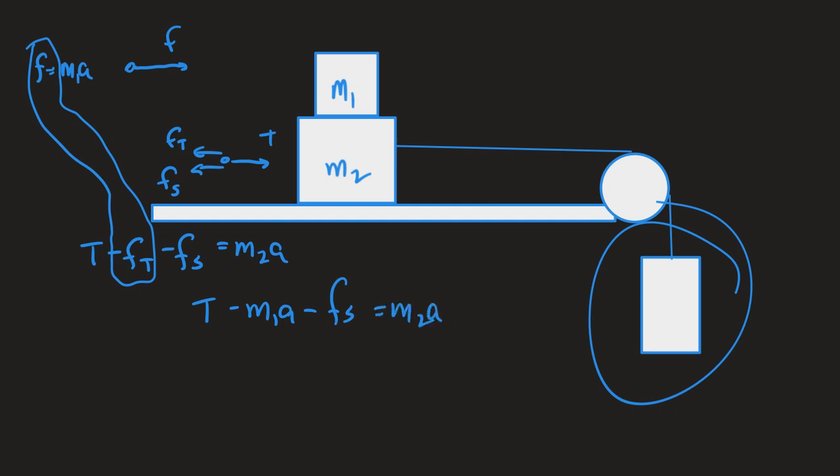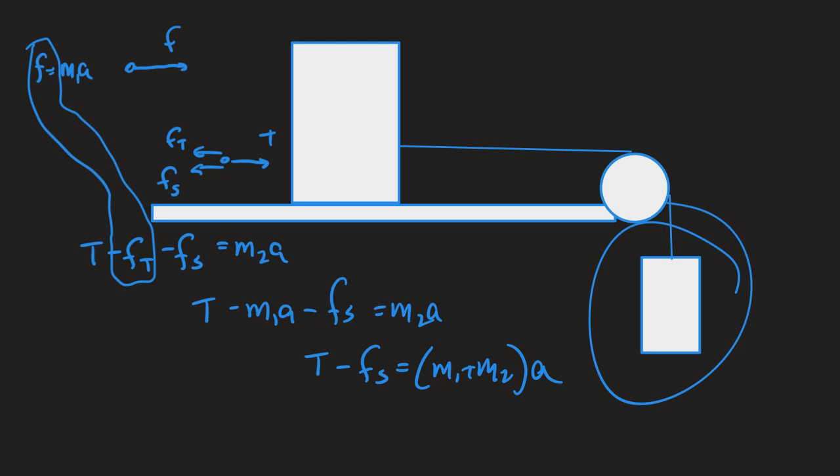That frictional force is an internal force. It cancels out, and I'm going to be left with tension minus friction from the surface equals the combined mass of both boxes times A, which is just like saying I have one big box that has mass M1 plus M2, and all I have to worry about is the friction on the bottom.